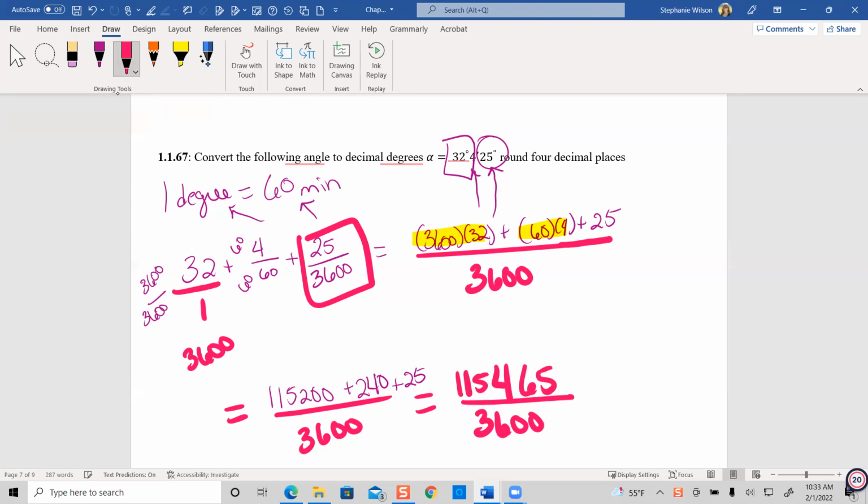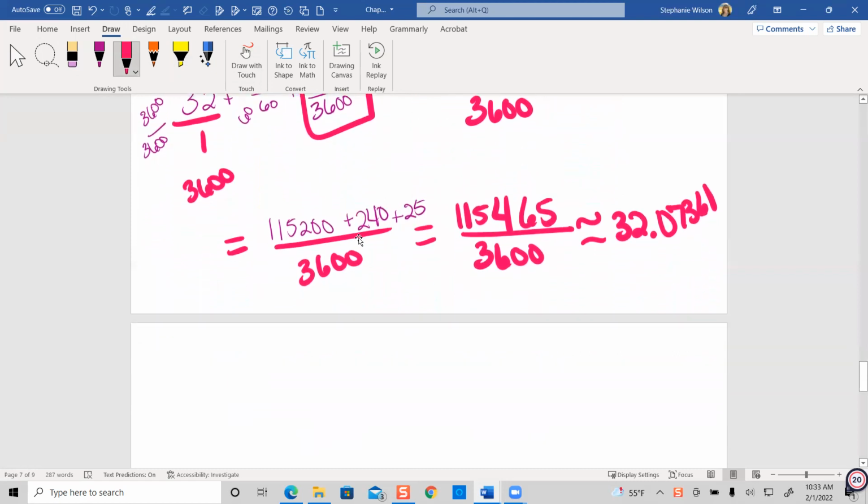And now when I divide, I'm going to get approximately 32.07361. Just be sure and follow the directions. It'll tell you how far to round. So my angle here is going to be 32.07361. So that is finding degrees in minutes.